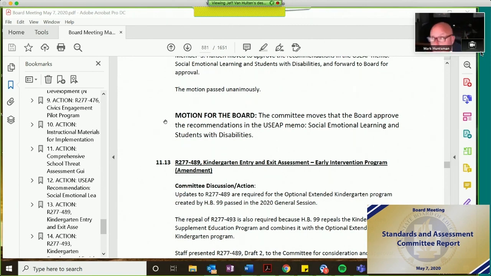Any discussion to the motion? There's none. Okay, let me reread it. I can read a lot better than I just read that. The motion before the board is to approve the recommendations in the USEEP memo, social emotional learning and students with disabilities. We're going to vote.